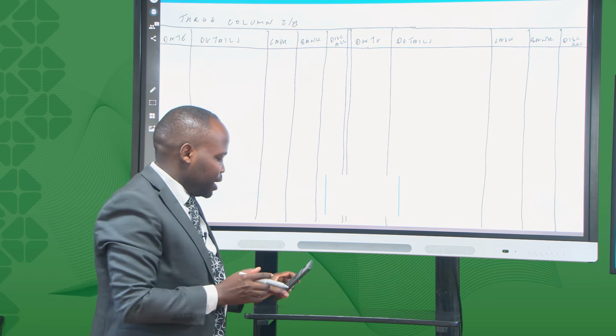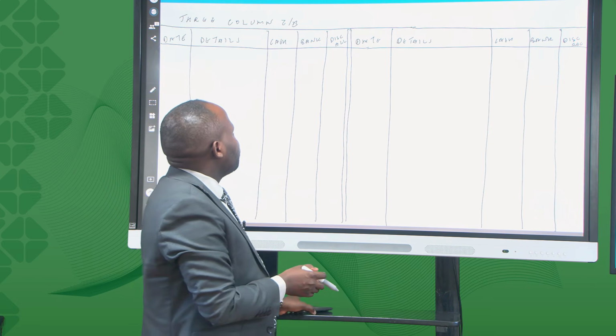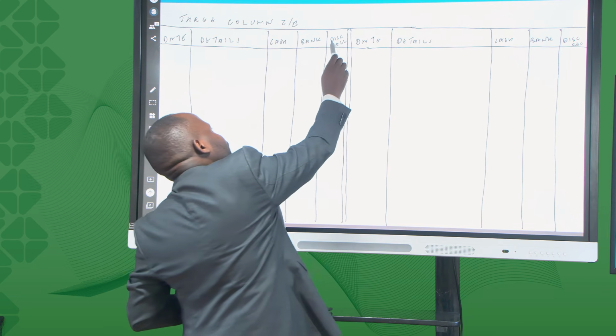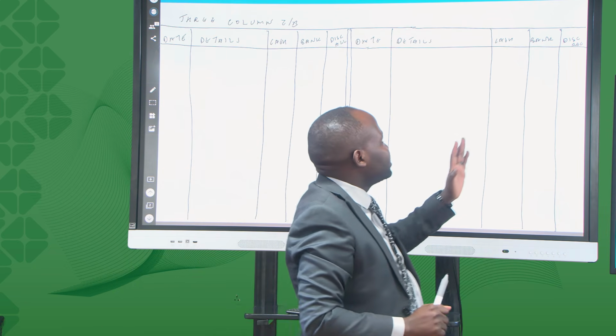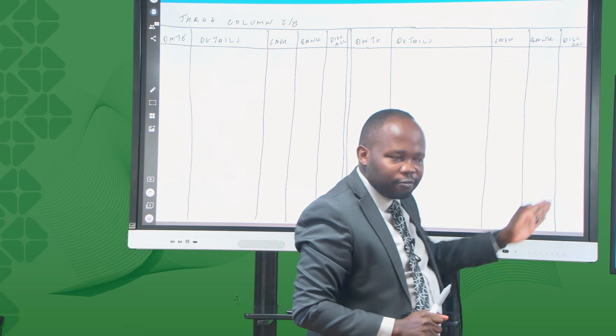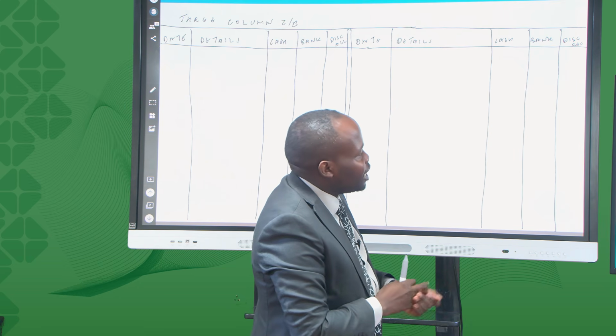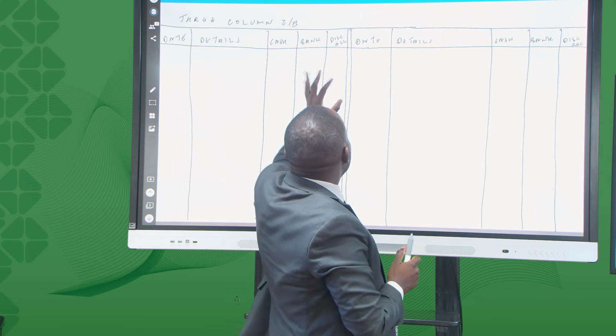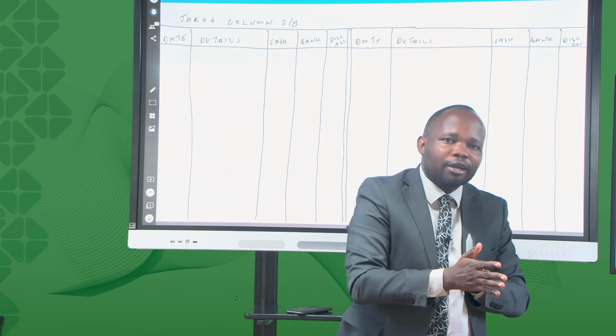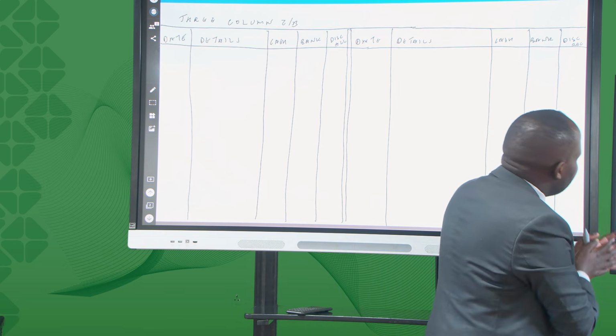So in a 3-column cash book, we are adding a section of discount allowed for receipts and discount received for payments. And we have an example 2 from our notes that enables us to prepare a 3-column cash book. So let's have a look at it.